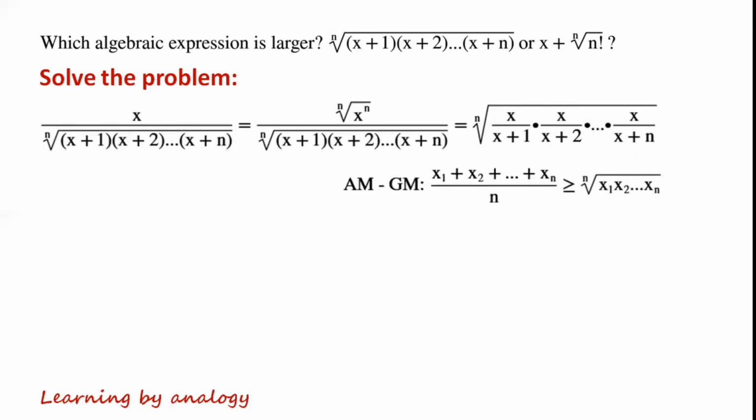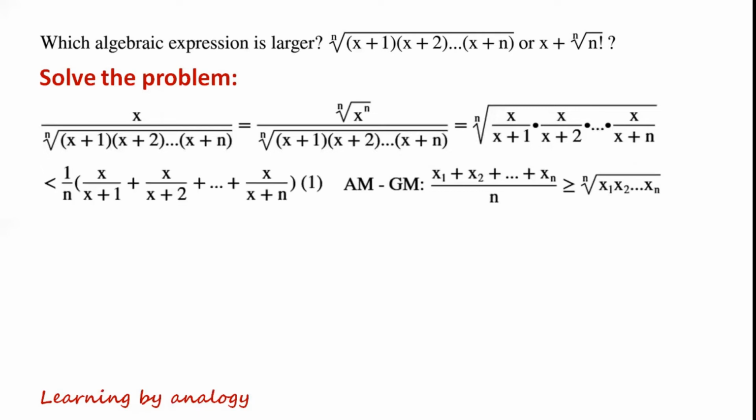AM-GM states that (x1 plus x2 plus so on plus xn) over n is greater than or equal to the nth root of x1 times x2 times so on times xn.